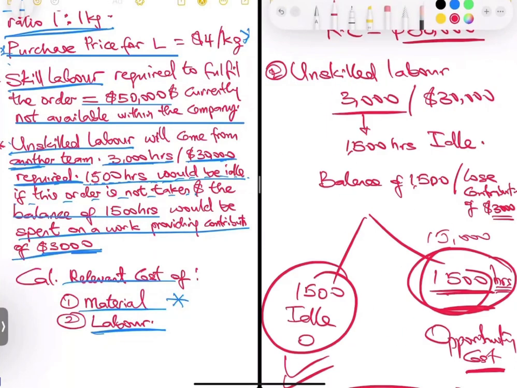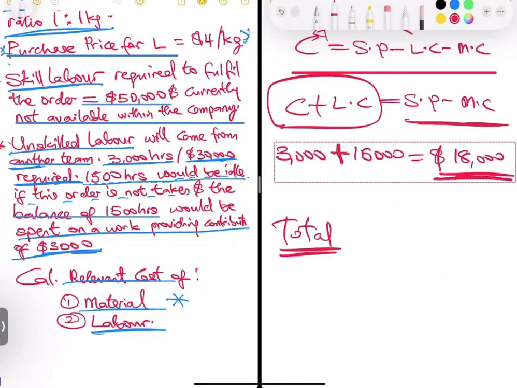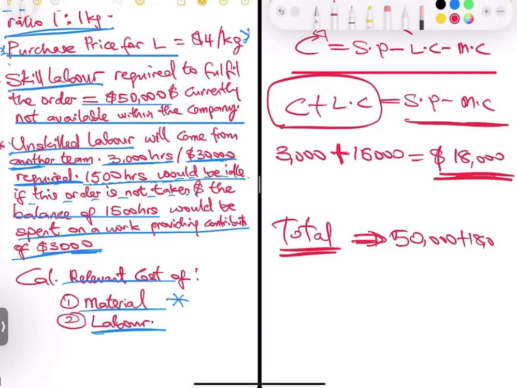So for unskilled labor it is 18,000. So the total labor cost for this decision will be the 50K that is relevant up there plus the 18,000. And that will give the total of $68,000.